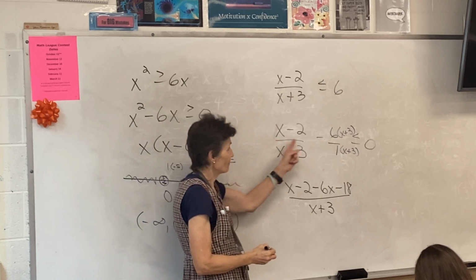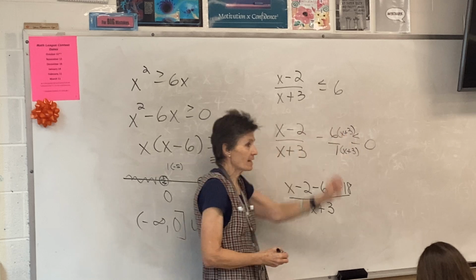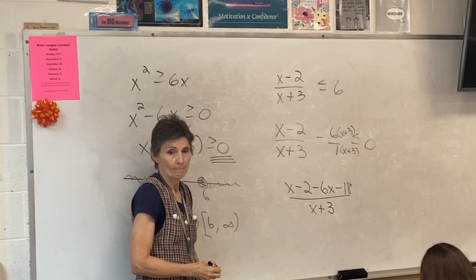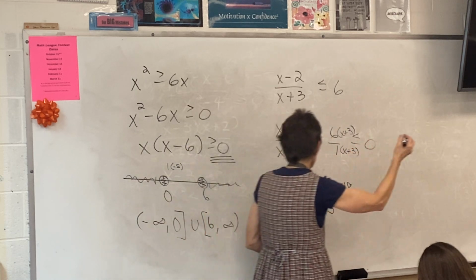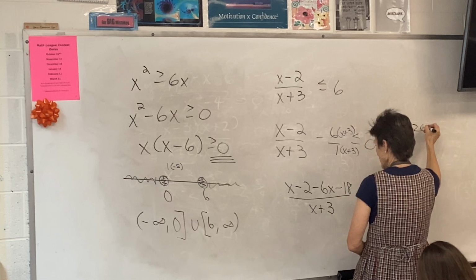That's my numerator. So cleaning that up, I'm going to get negative 5x minus 20.